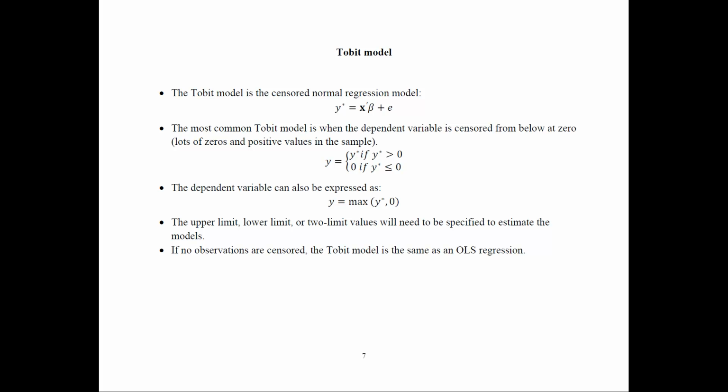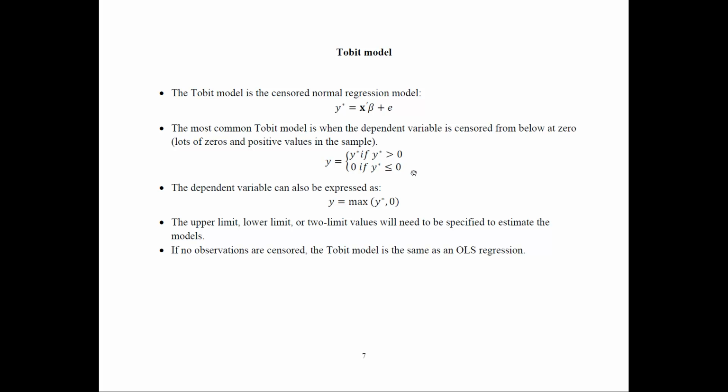observations. So the most common Tobit model is when the dependent variable is censored from below at 0. And here we have this: if y star is positive, we would record it as y star. And if it's less than or equal to 0, then we would record it as 0. So we will have a bunch of zeros in the data and a bunch of positive values in the data.